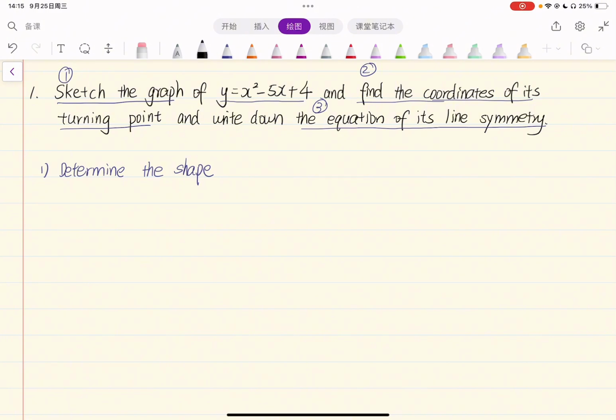Here, a equals 1, that is greater than 0, so it is a smile face, an upper U. And we have also talked about if it is a smile face, the turning point is a minimum point.